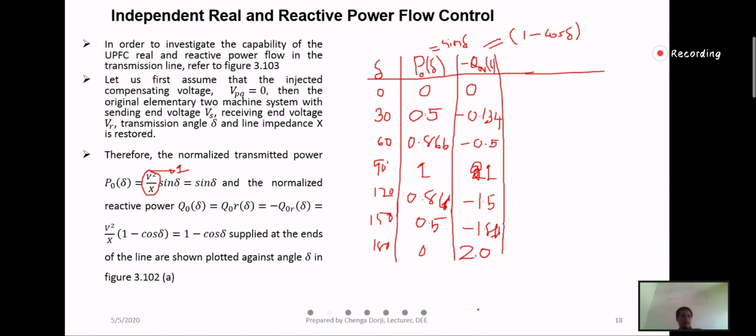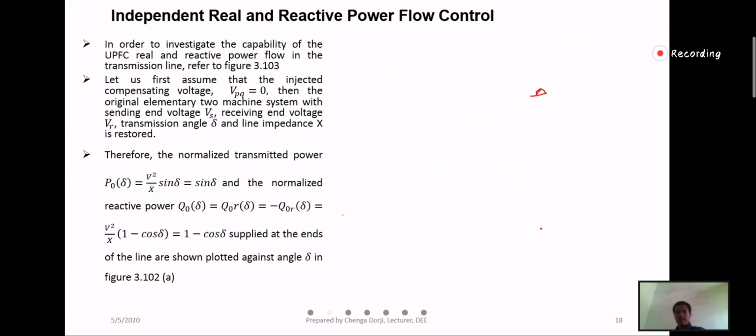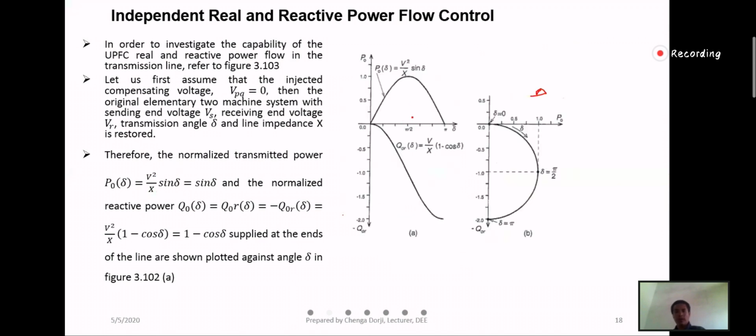Okay. So this table you can have. Now when you plot, so can you plot now? Here you have delta, then you will have P and Q. So when you plot this, what are you getting? So you plot it, and you will get this.